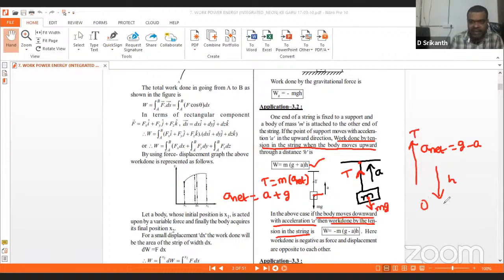In this case, the angle between force and displacement is 180 degrees, because the direction of the force and the direction of the displacement are opposite. So the work done is negative, as force and displacement are opposite to each other. Is it clear? Okay, fine.